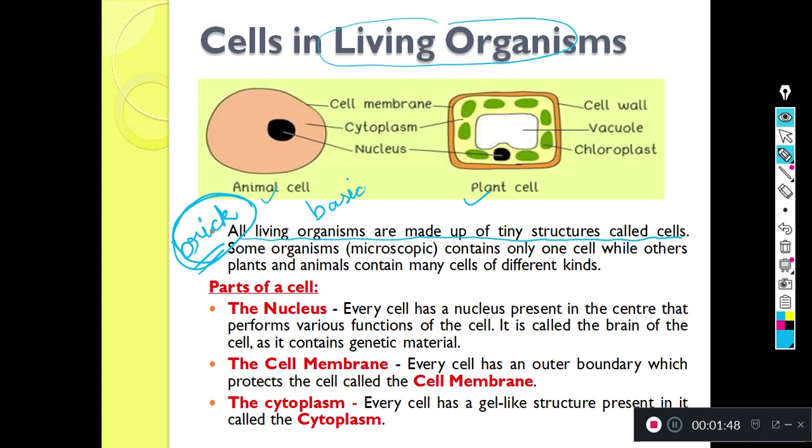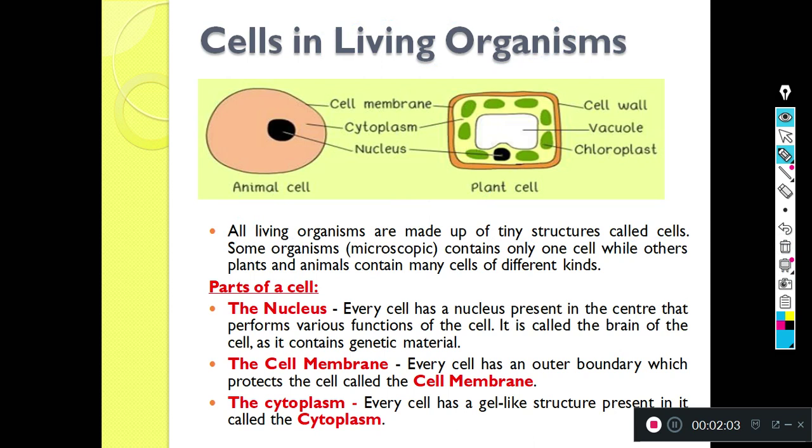Now what is that basic unit? That basic unit is called a cell. Clear? So now we are going to study a little bit in detail about cells.